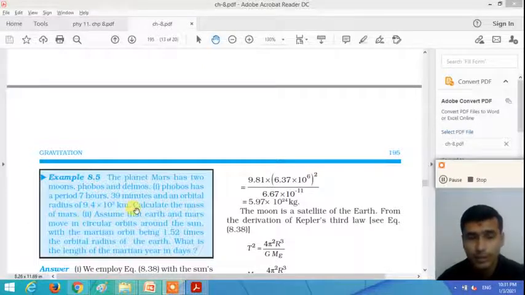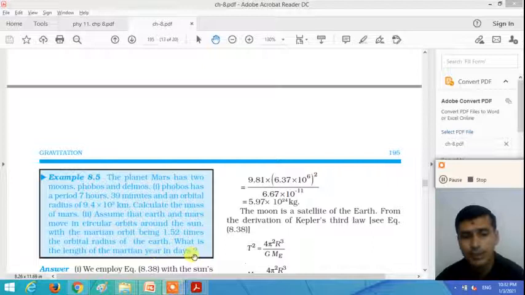What do we need to calculate? Mass of the planet Mars. Assume that Earth and Mars move in circular orbits around the Sun, with the orbital radius of Mars being 1.52 times the orbital radius of the Earth, right? What is the length of the Martian year in days?